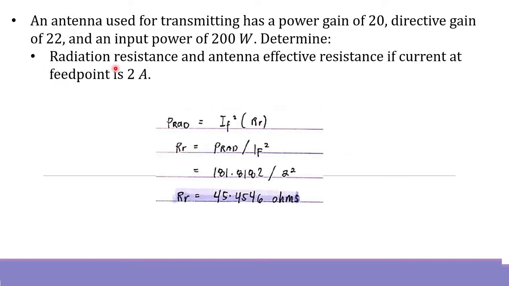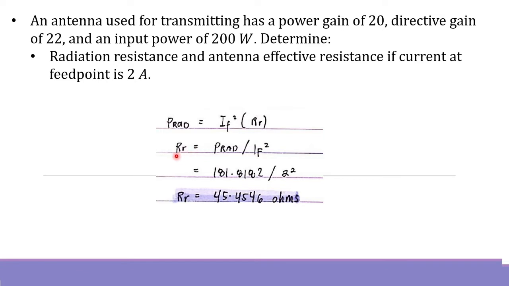Next would be the radiation resistance and antenna effective resistance if the current at the feed point is 2 amperes. So we will be using this formula. Radiated power is equal to feed point current squared times the radiation resistance.